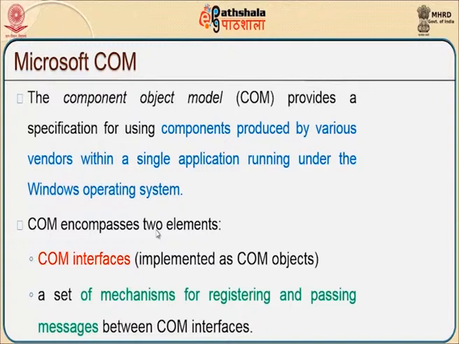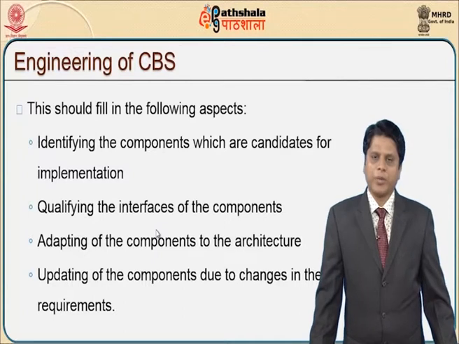So a simple application running on one specific system under the Windows operating system can have this COM, the component object model, which can provide a complete specification of all the components available under that operating system. COM encompasses two components. One is the COM interface, which is implemented using COM objects, and the other is a set of mechanisms for registering and passing messages between COM interfaces. Engineering of component based software.